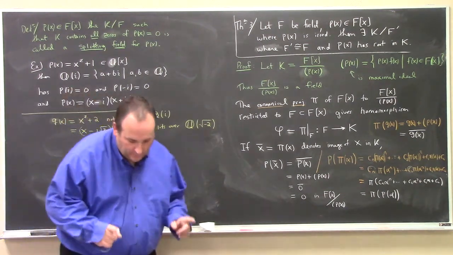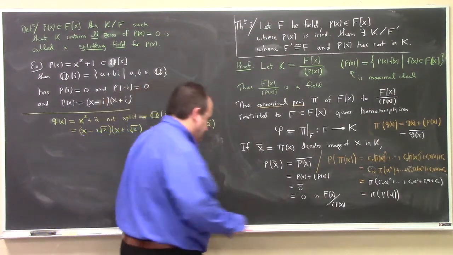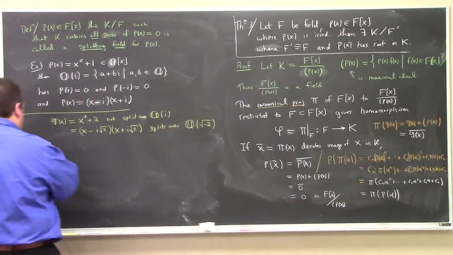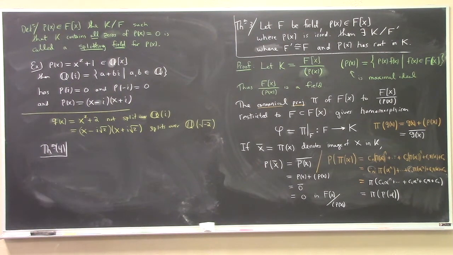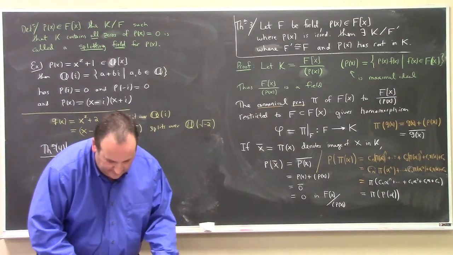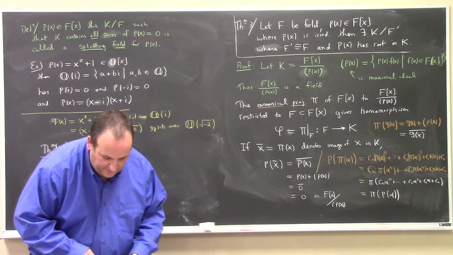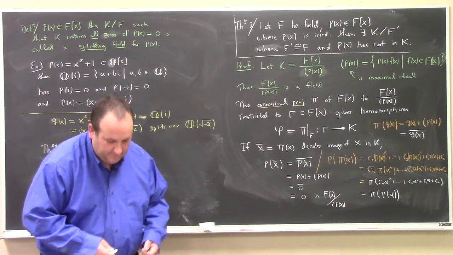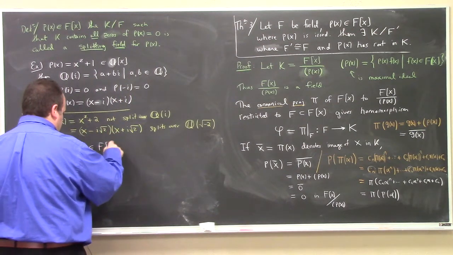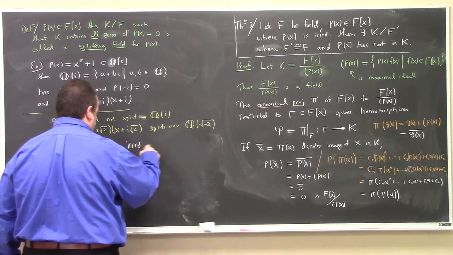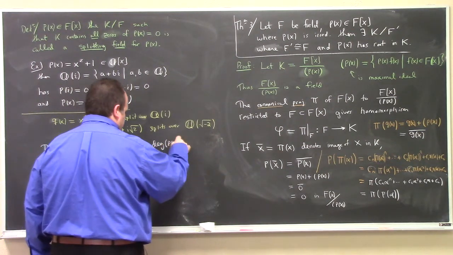Okay, so where was I? Theorem 4. We have an irreducible polynomial p of x in F of x, with degree of p of x equal to n.